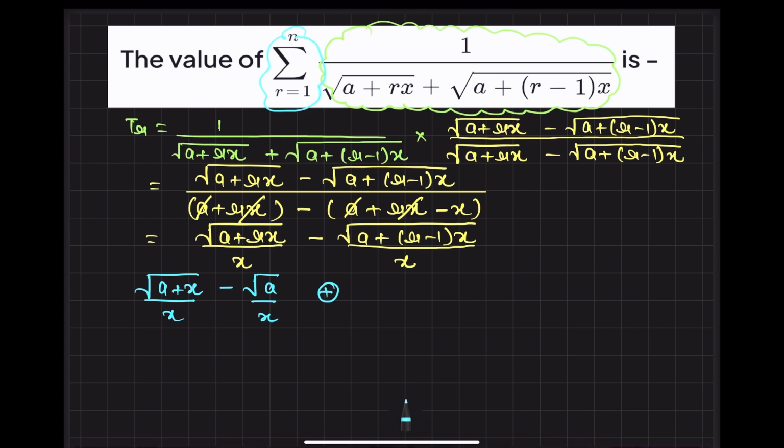So this is your first component. Now substitute the second component, r as 2. So we got root over a plus 2x minus root over a plus x, by x.